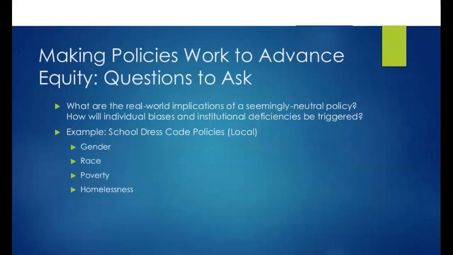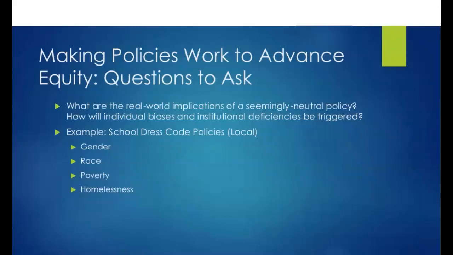The policy also really ignored some really serious issues with poverty and what students could actually afford to buy and wear that were influencing their ability to comply with the school dress code. It ignored situations for homeless students who literally sometimes could not wash clothes and were forced into non-compliance with the school dress code.